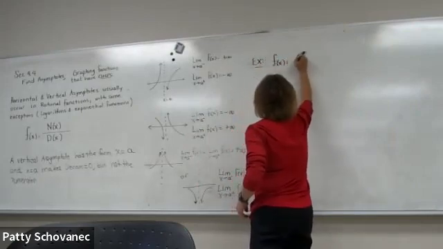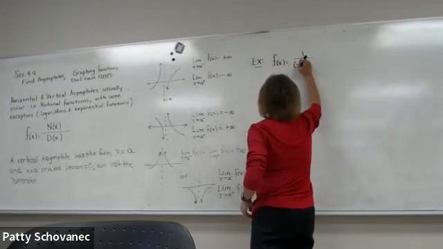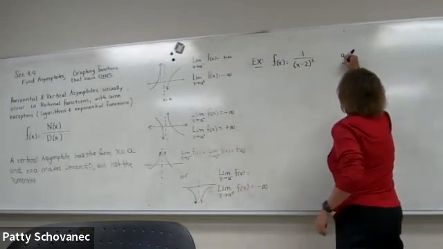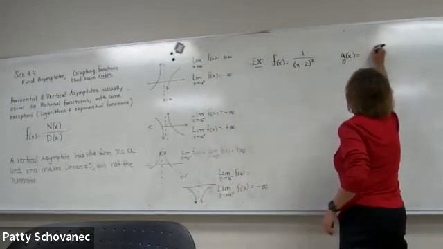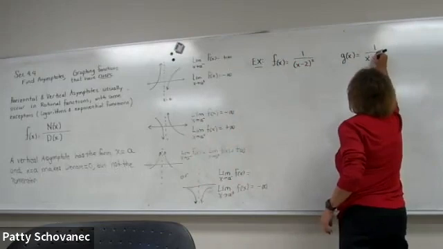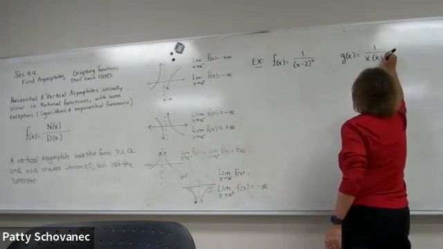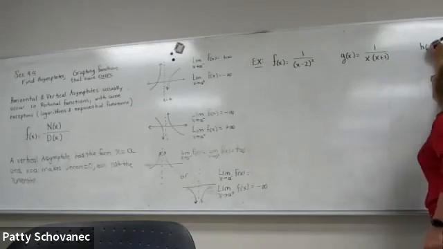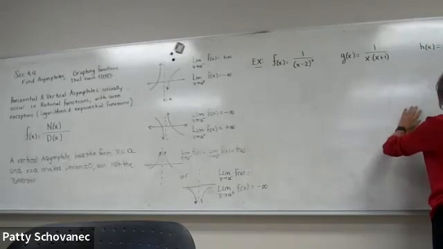F of x is 1 over x minus 2 squared. G of x is 1 over x squared plus 1. And h of x is, I don't know, let's put an x up here.